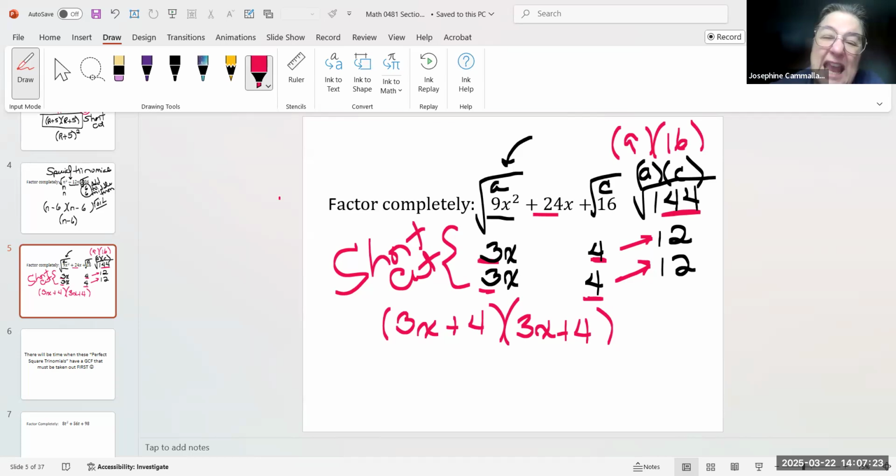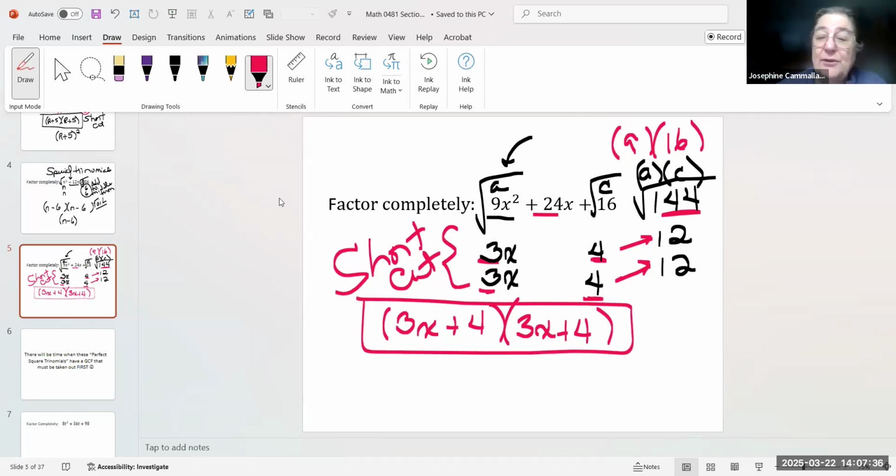And then you take the A and the C that we got through the shortcut by taking the roots. If they give us 12 plus 12, I have my answer. And remember, this can also be written 3x plus 4 squared.